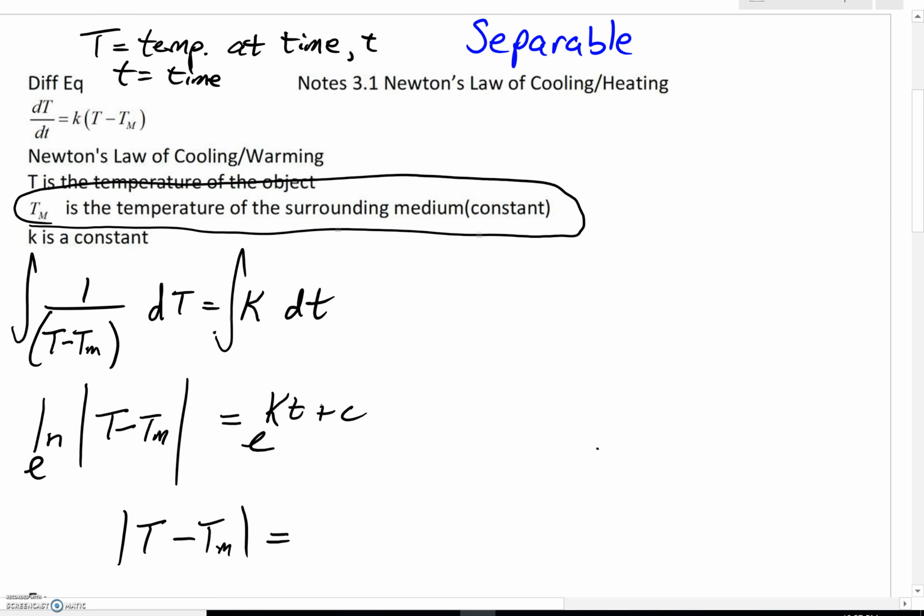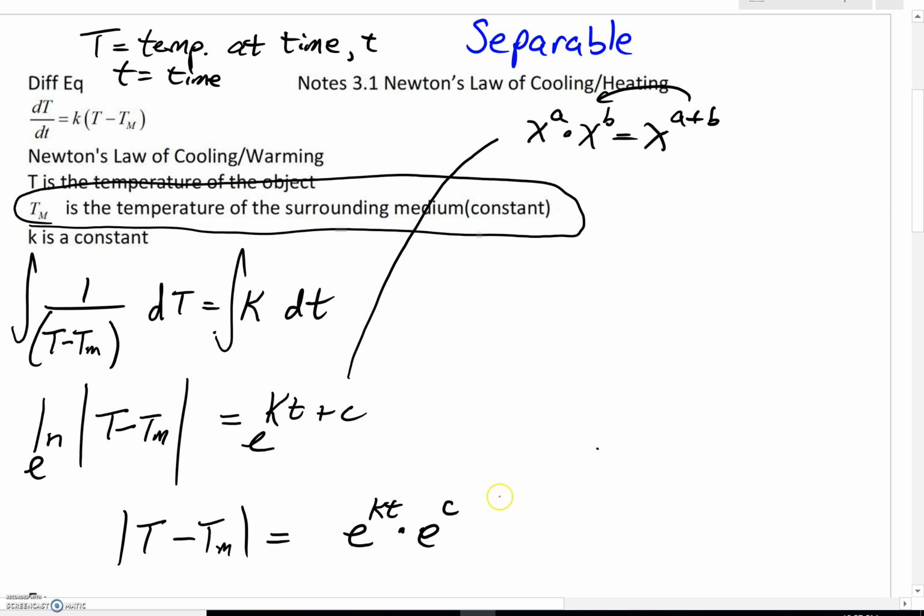As we're working this out, you could very quickly remember this very famous property of algebra that x to the a times x to the b is equal to x to the a plus b. This time we're just going to work from the right side to the left side. So what I'm really getting at is this would be e to the kt times e to the c.